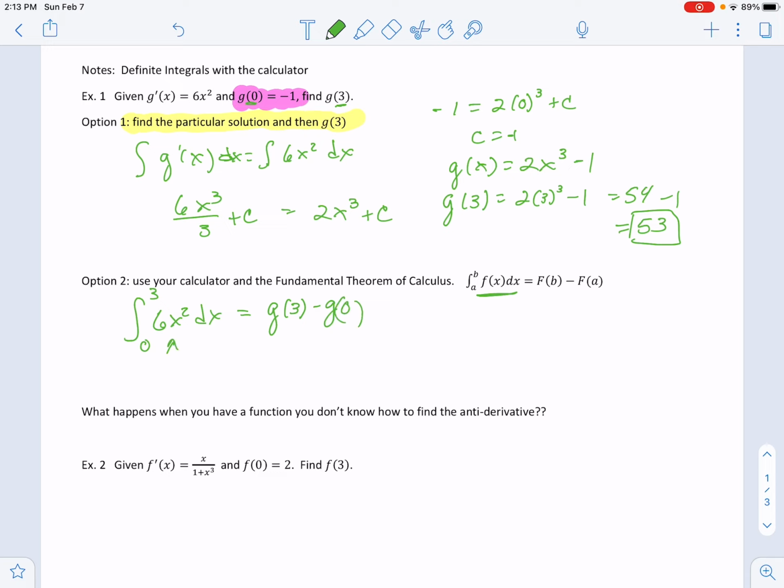This is your calculator. This is given. All right, so how do I do that in my calculator? You push the option button by the shift.